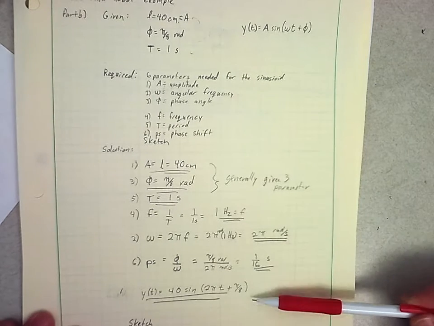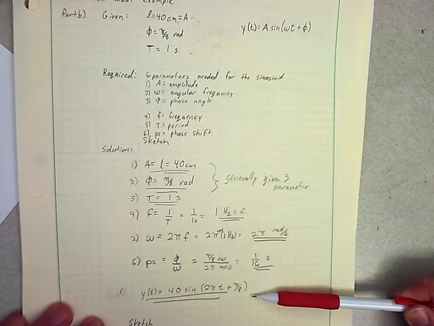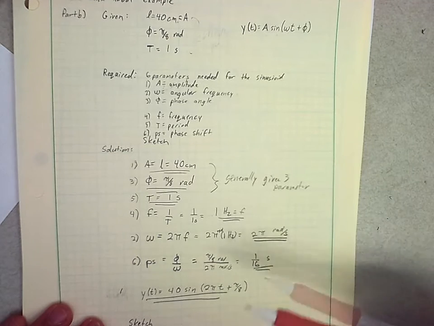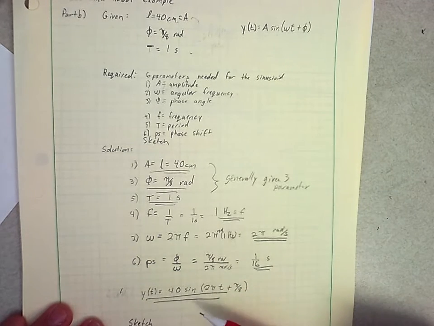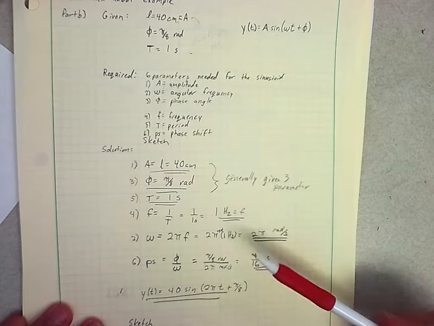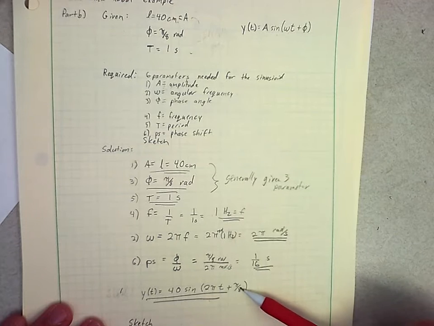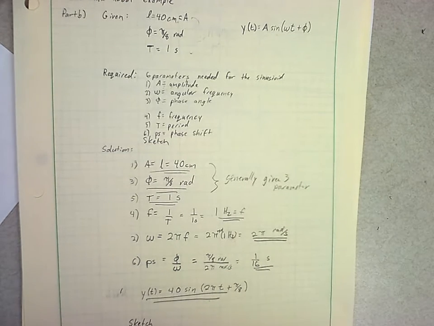From that, we were able to write an equation which gave us the y component of the length at a given time. It turned out to be the amplitude, which was 40, times sine of 2 pi, the angular frequency, times our time, plus the phase angle. And so those were our things to get that.